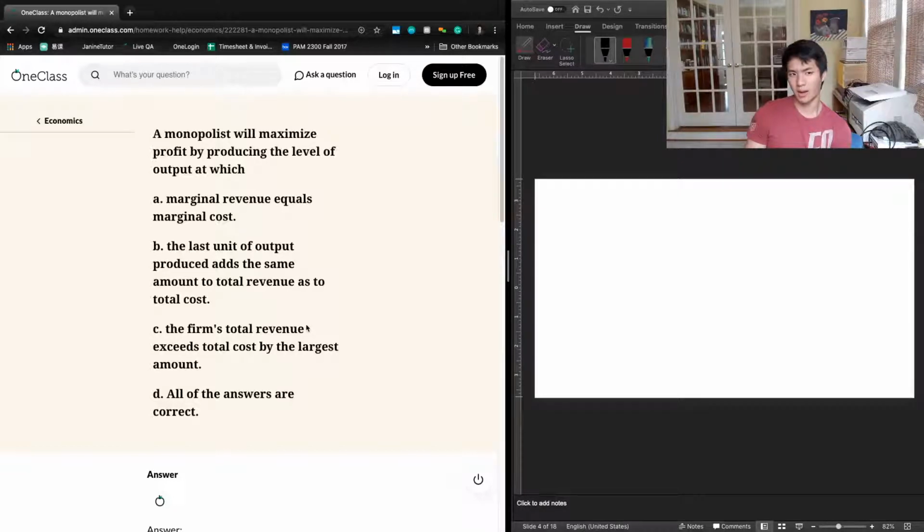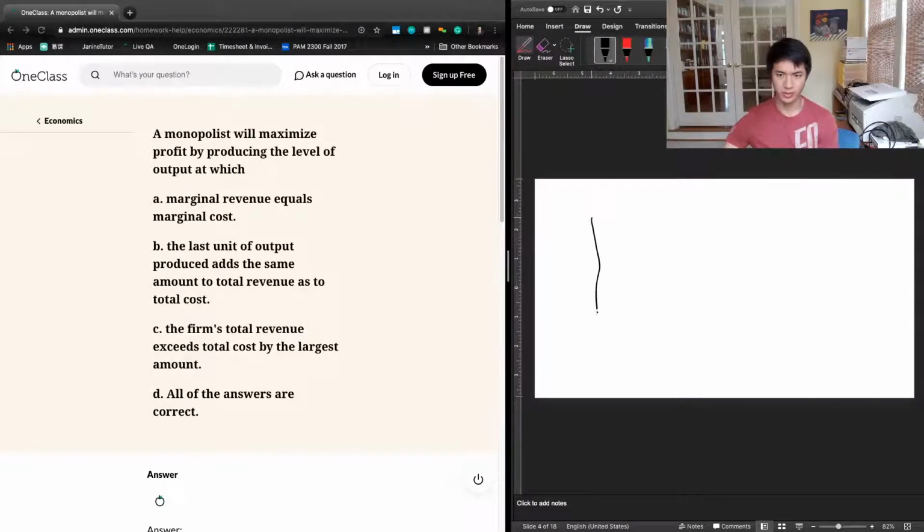So let's take a look at what the monopolist graph looks like to explain the answer to this question. So we have our monopoly. Let's try one more time. Regular supply and demand graph with our monopoly set up.